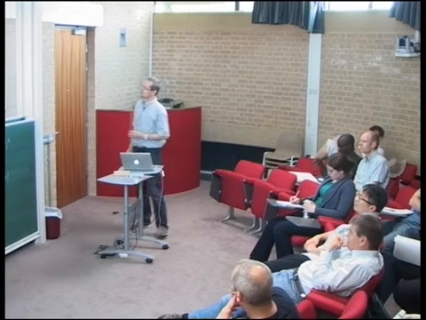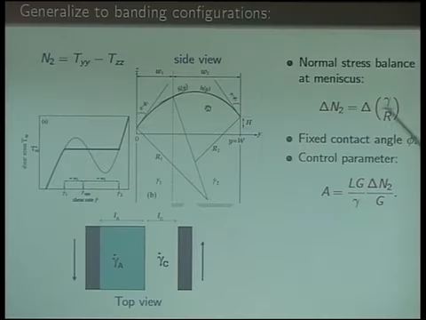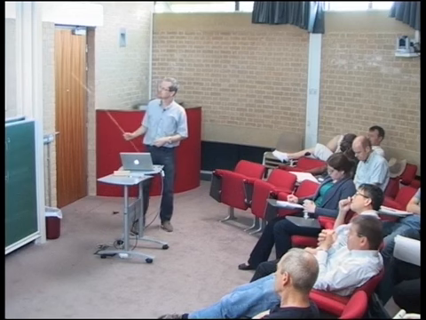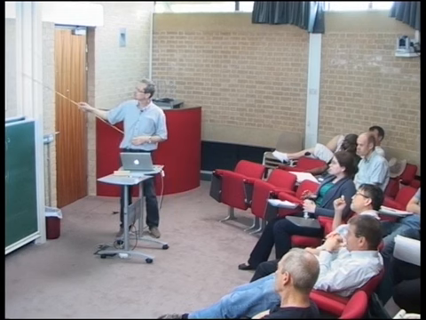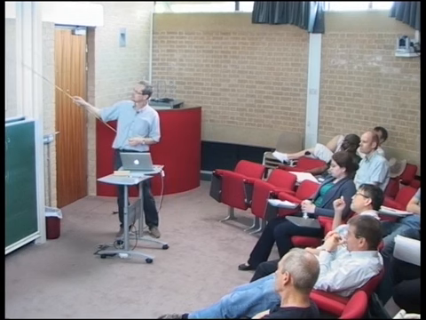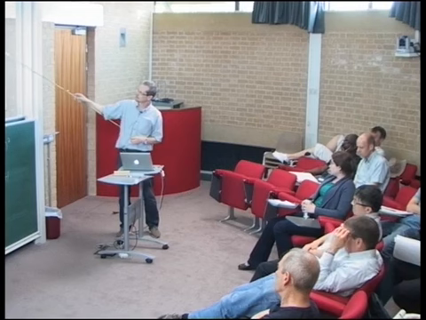Okay. So there's a control parameter, which is essentially the balance between these two. So it's the normal stress, the length scale of the system, L is the gap size, and the surface tension. And because the normal stress and the shear stress roughly have the same order of magnitude, you might say that it's in fact the second normal stress relative to the shear stress.